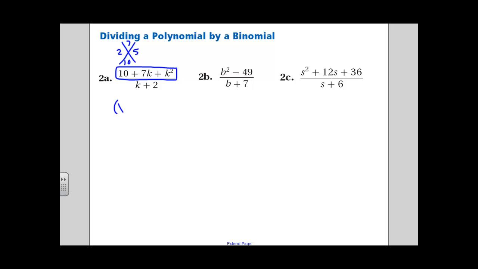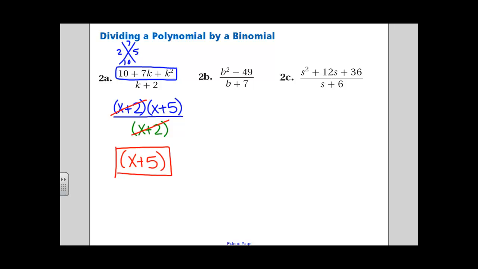So that means on the top I have x plus 2 times x plus 5. And it's all divided by, oh, these should be k's. I like x's. So it's all divided by x plus 2. So we can see that they have some stuff in common, and because they do, we can cross them off. So our answer is x plus 5.